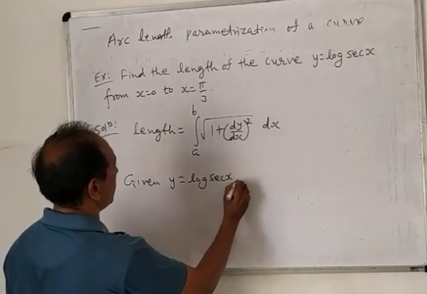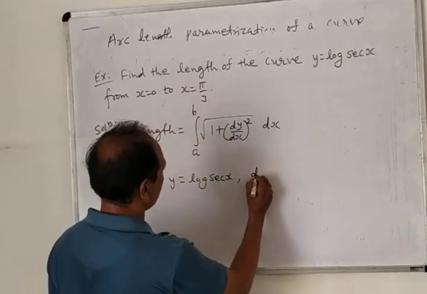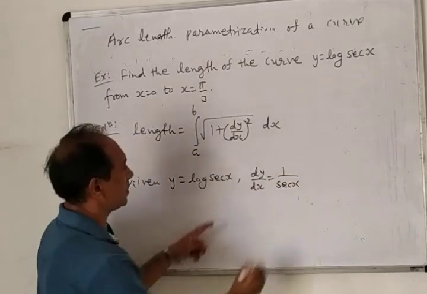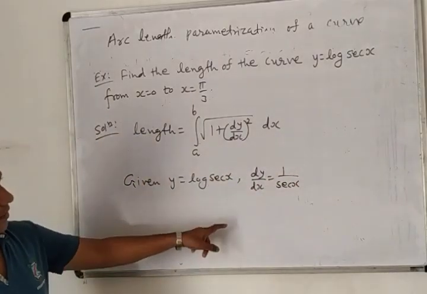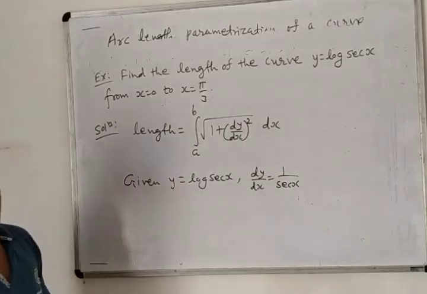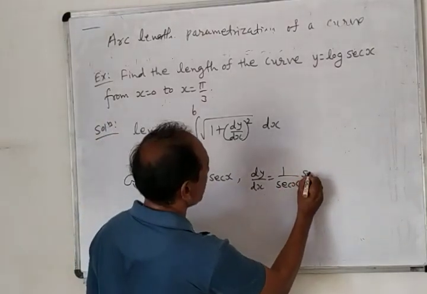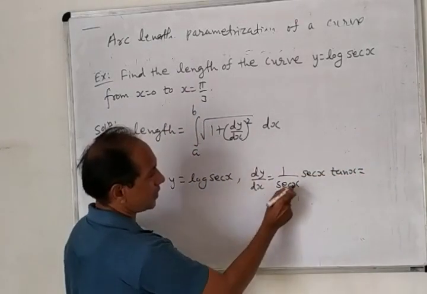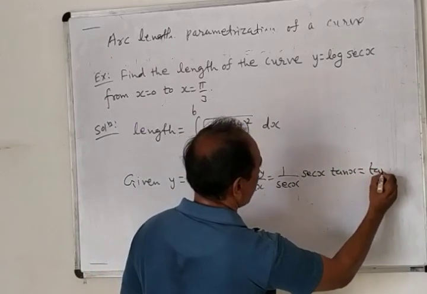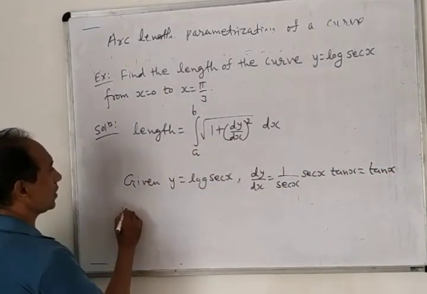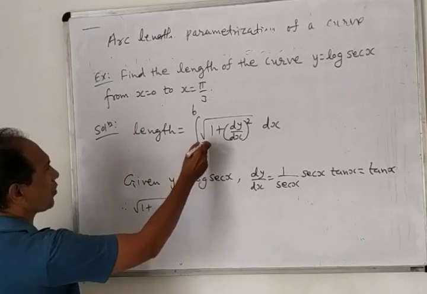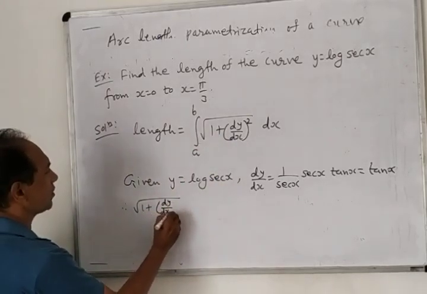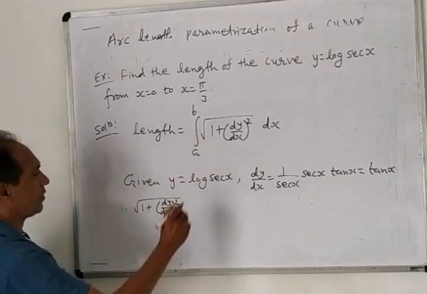So y equal to log of sec x, so dy by dx is what? It has the derivative 1 upon sec x, but again we need to find the derivative of sec x. The derivative of sec x is sec x into tan x. So here sec x and sec x will be cancelled, so we will have tan x. Before putting the value, we will find the values we require, so it becomes very easy to write down the expression of length.